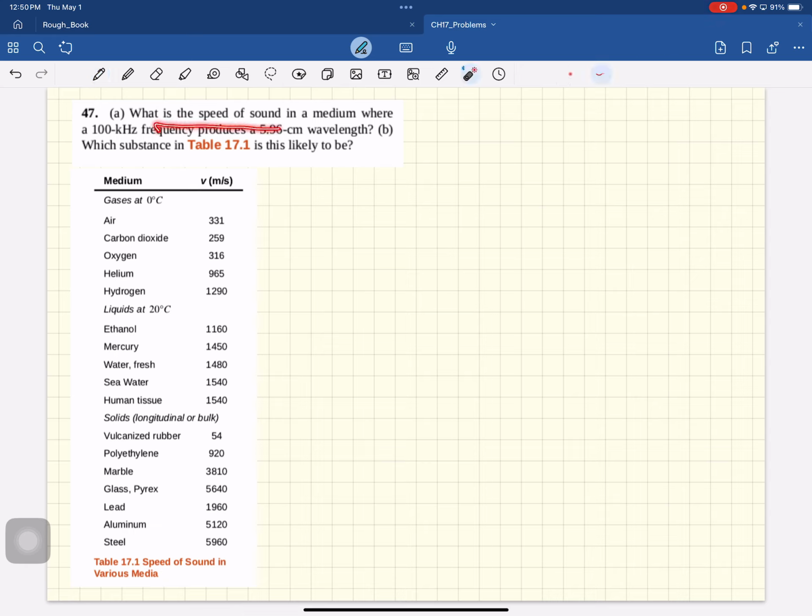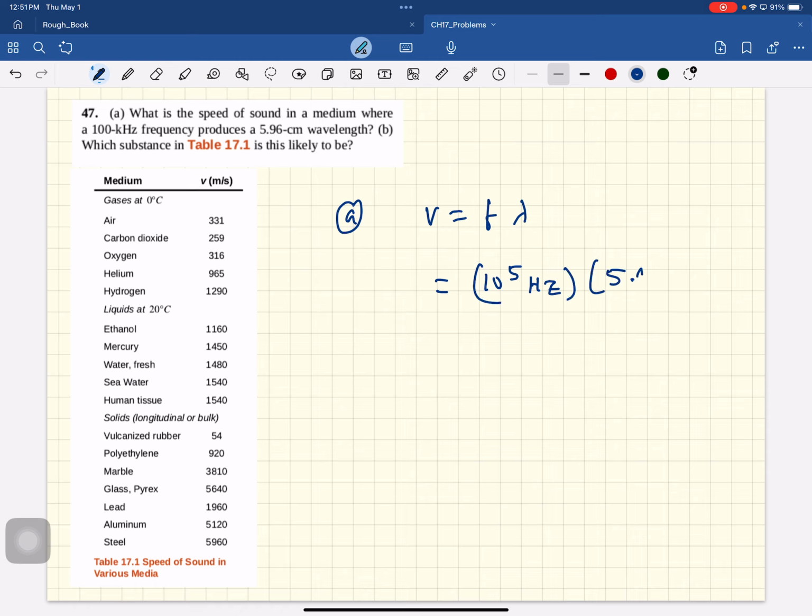What is the speed of sound in a medium where 100 kilohertz frequency produces a 5.796 centimeter wavelength? Which substance is it likely? Okay. So again, speed is frequency times wavelength. This is 100 kilohertz, and wavelength is 5.96 centimeters.